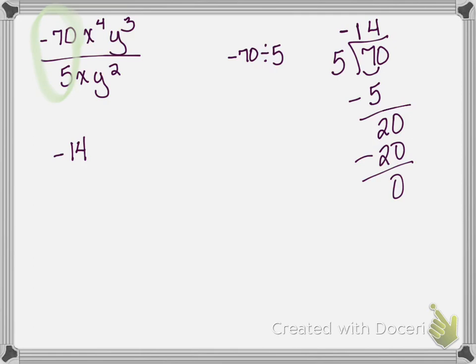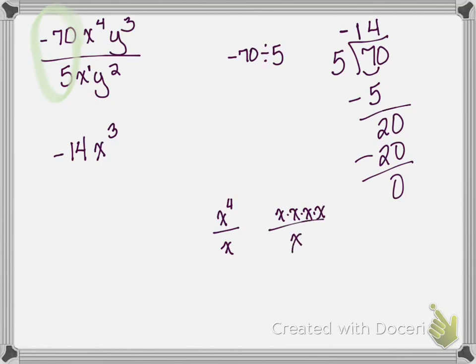Okay, then I have x to the 4th over x to the 1st. Anytime I'm dividing, I subtract their exponents, so that's going to be x to the 3rd. And if you think about that, x to the 4th means x times x times x times x.